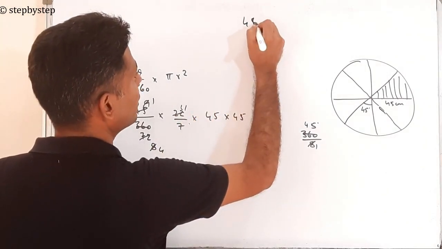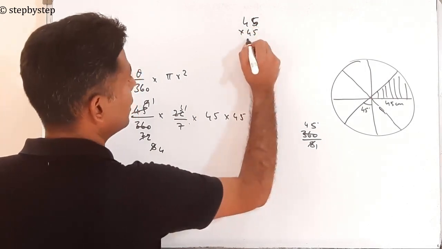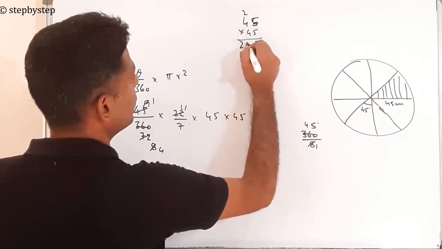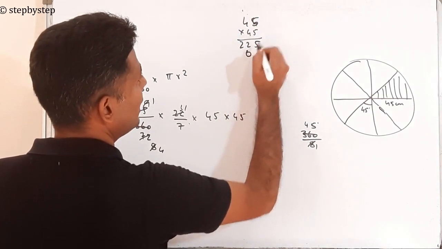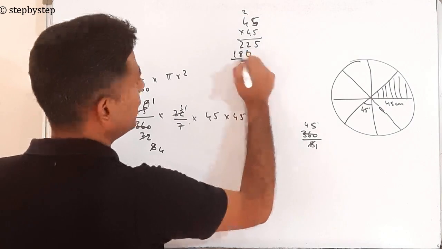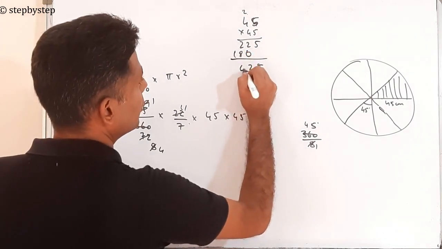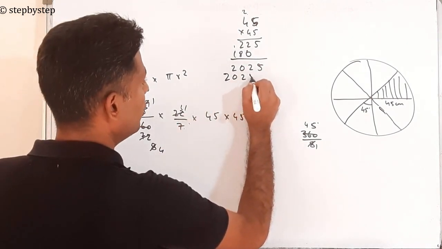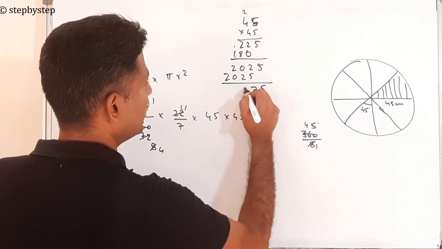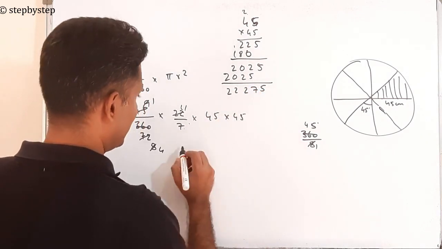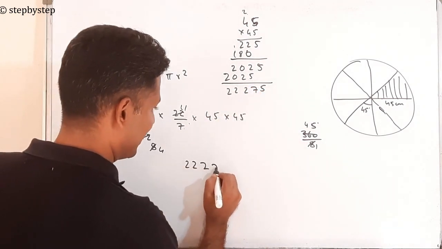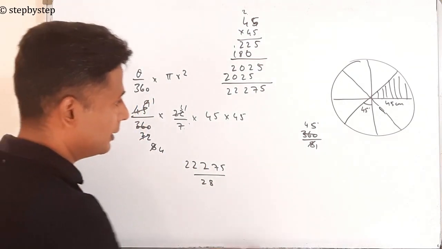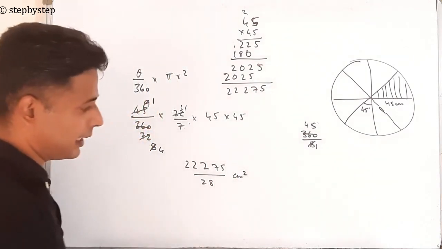So 45 into 45 is 2025, into 11 is 22275. So we get 22275 by 28. This is the area in centimeter square.